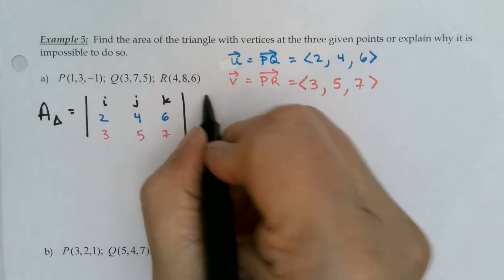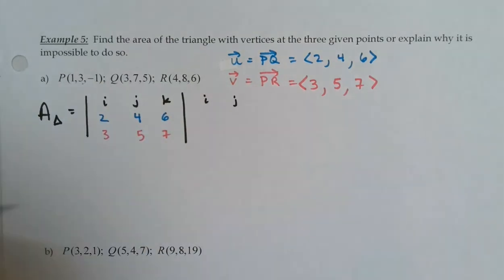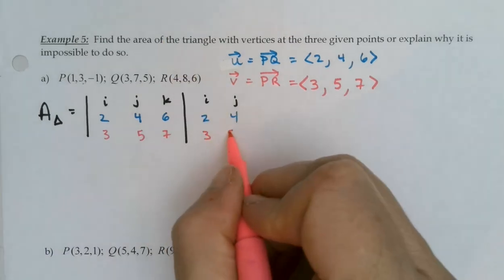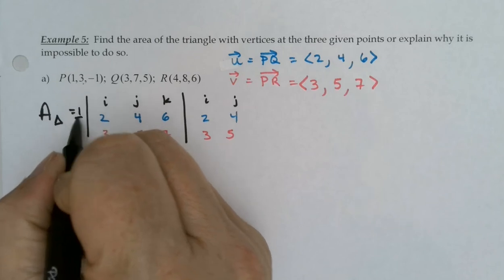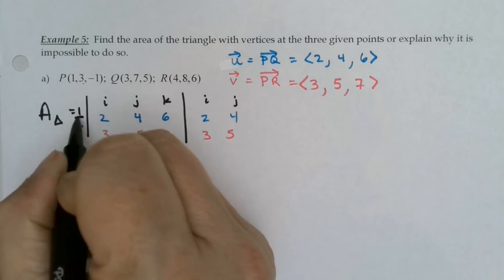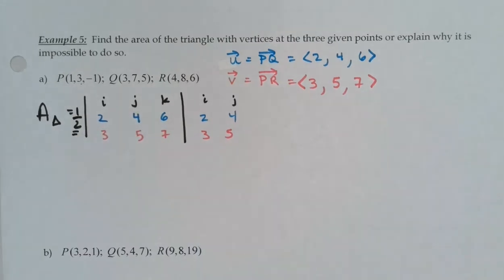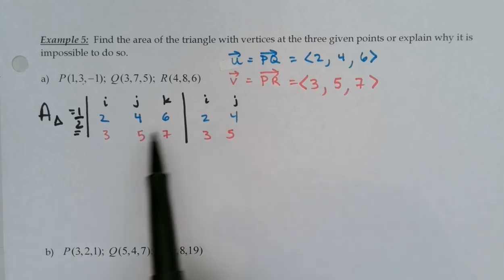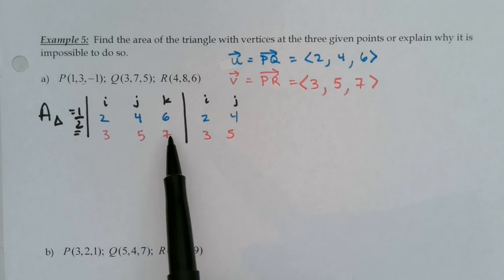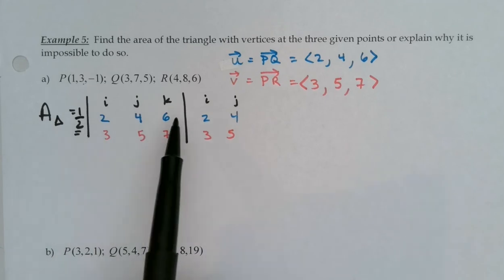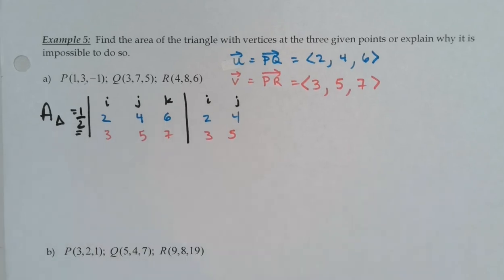And then the easy thing to do is throw on the other I and J, 2, 4, 3, 5. And then I'm going to have half of this, right? Because the full cross product will get you the area of the parallelogram. Half of that cross product will get you the area of the triangle.